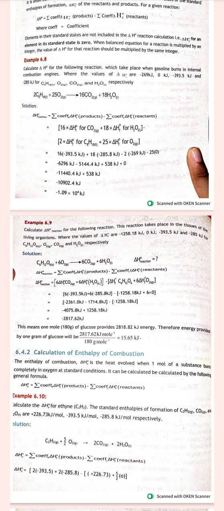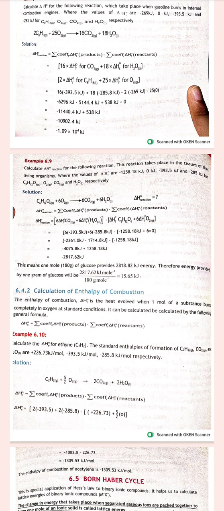So first we have to add these for the reactants and the products, and then we subtract the reactants from the products, and in this way we got minus 1.09 times 10 raised to the power 4 kilojoule.